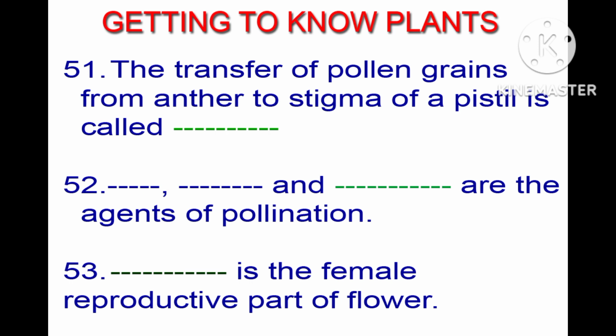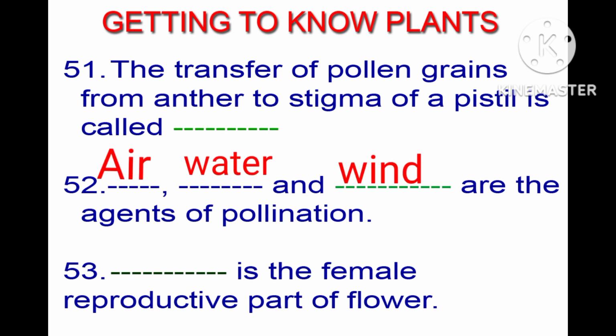The transfer of pollen grains from anther to stigma of a pistil is called dash. The answer is pollination. 52 question. Dash, dash and dash are the agents of pollination. The answer is air, water and wind.